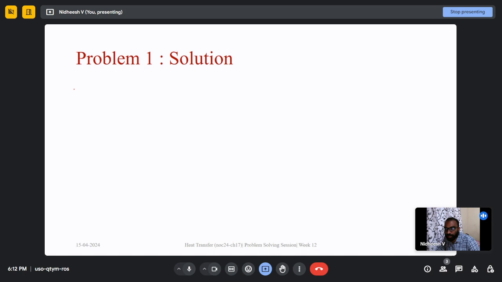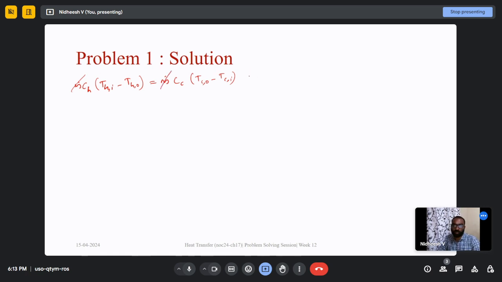So I will write it as m into the specific heat of the hot fluid into the temperature difference of the hot fluid, T hot at inlet minus T hot at outlet, is equal to mass flow rate into the specific heat of the cold fluid into the temperature of the cold fluid at the outlet minus the temperature of the cold fluid at the inlet, right? Among these, the mass flow rates are given to be the same, so I will cancel them out.